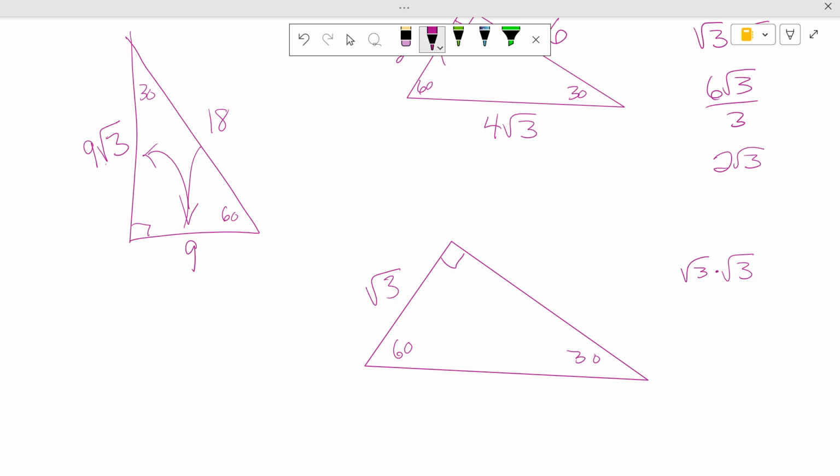What's square root of 3 times square root of 3? Square root of 9, which is 3. How do you get from the short leg to the hypotenuse? You multiply by 2. So it's 2 square root of 3.